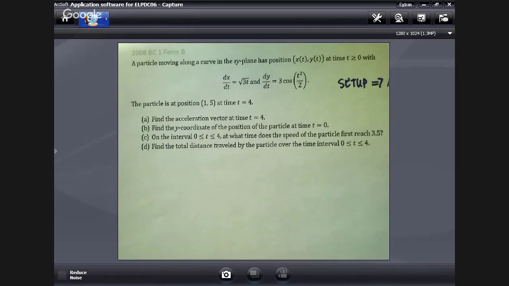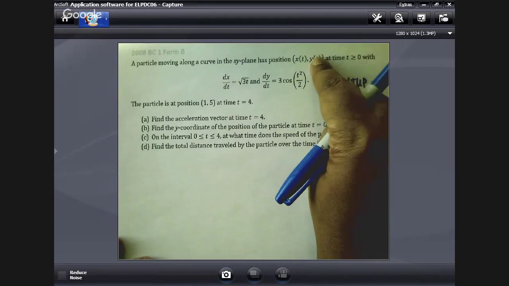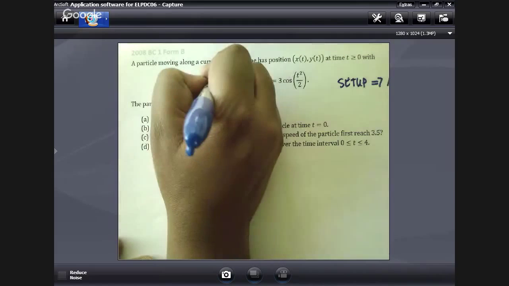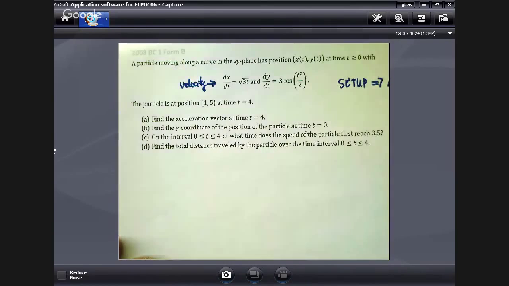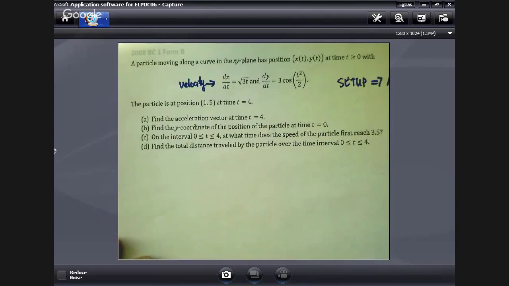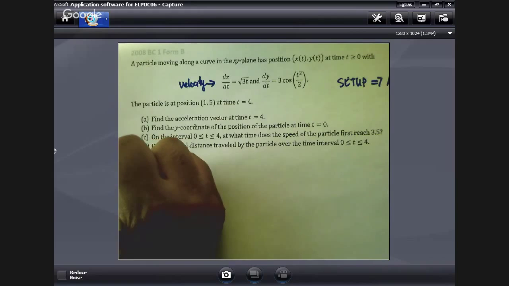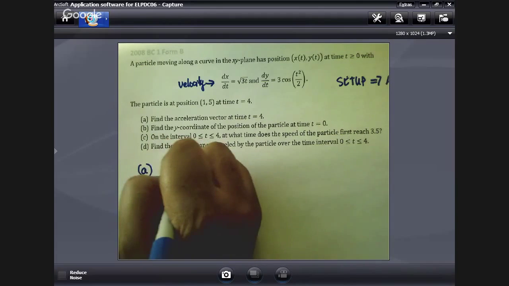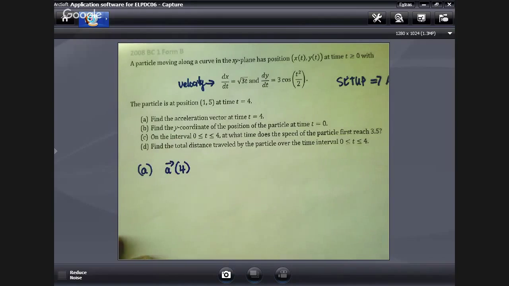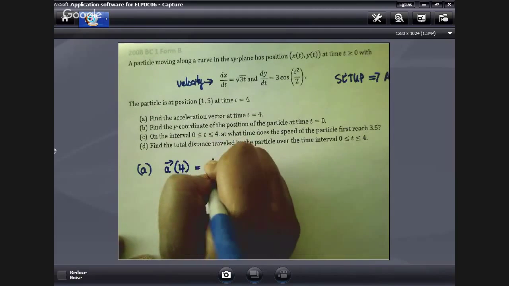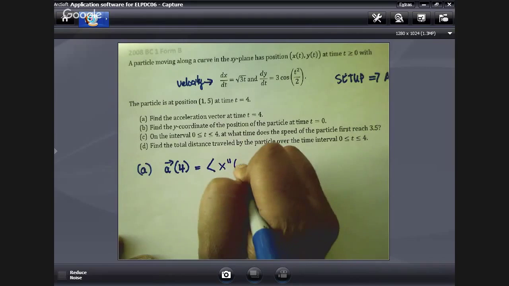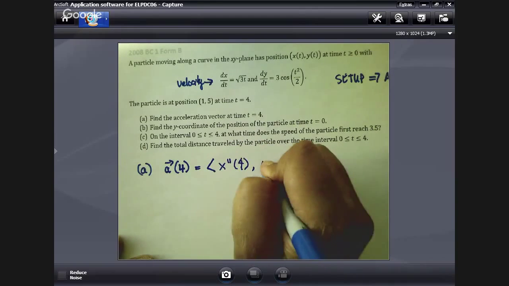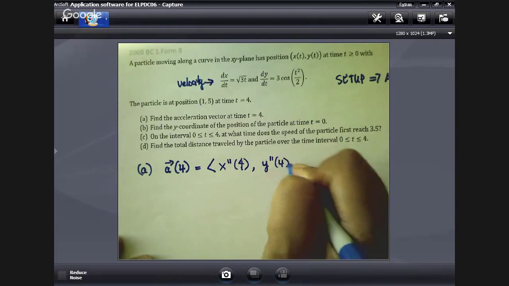Part A, we want to find the acceleration vector at time t equals 4. Well, if that's position, that means that these give you velocity, so that's the velocity vector. And the acceleration vector at time 4 has components that are x double prime at 4 and y double prime at 4.